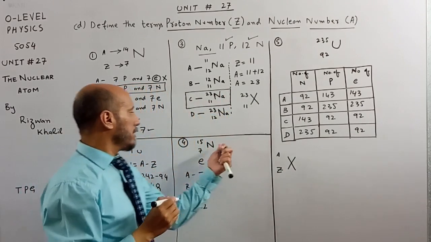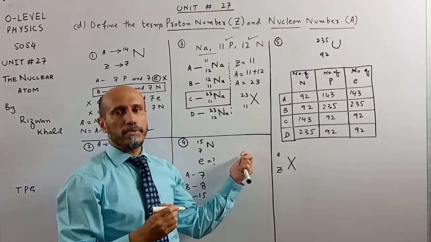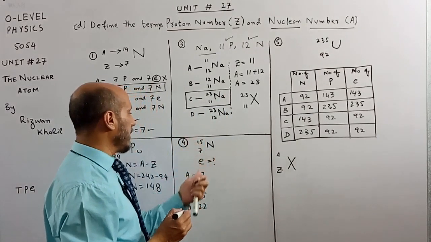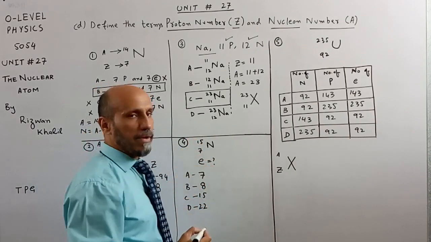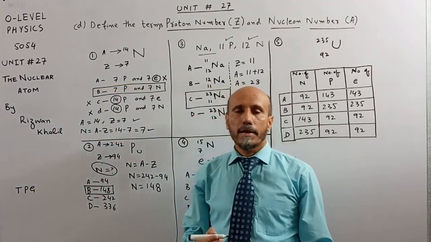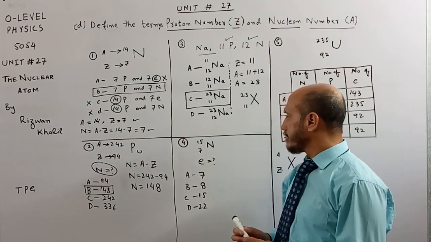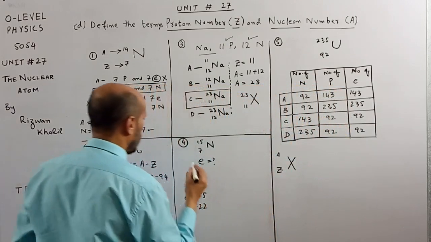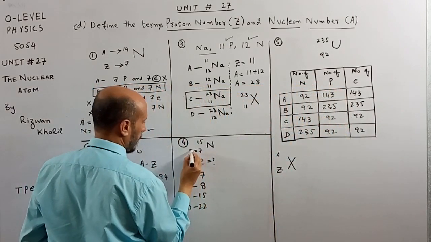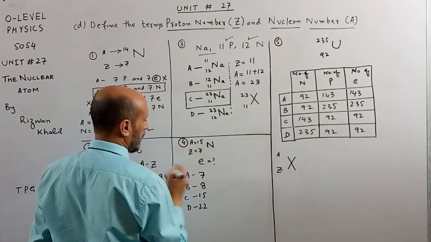Another example of this topic: an element nitrogen is given, 7, 15, and it is being asked how many electrons there are. It's very easy. The value of Z is 7, the value of A was 15.